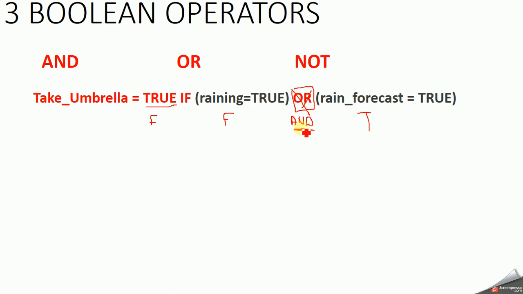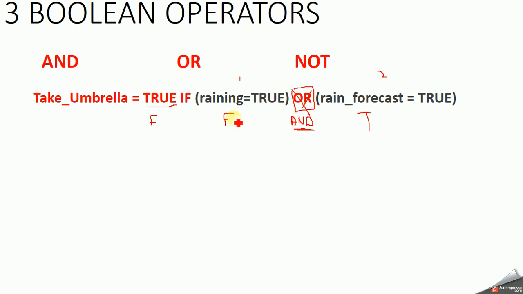Both propositions, proposition number 1 and proposition number 2, both need to be true in order for me to take out my umbrella. So it needs to be raining now and it needs to be raining later in the forecast.